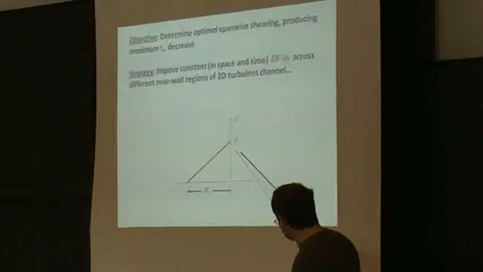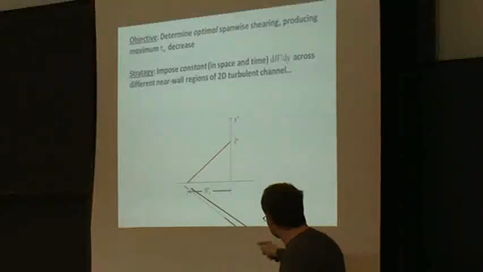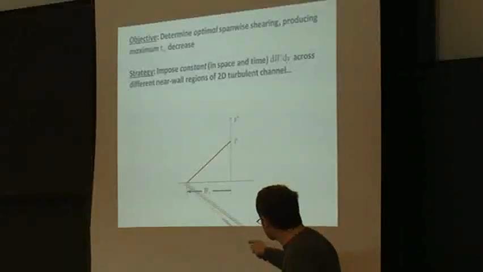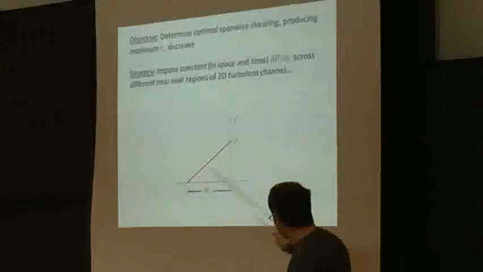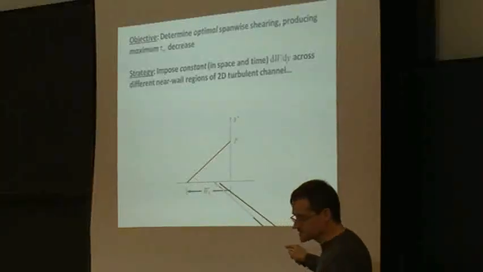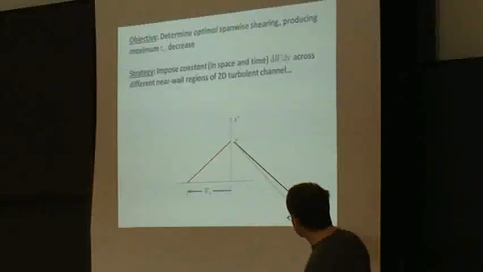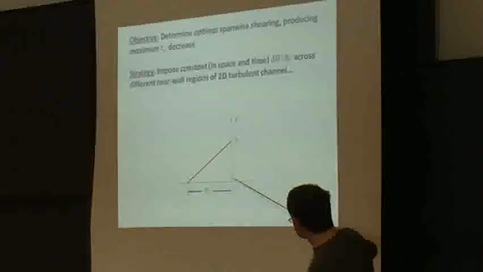So we just, for the initial time of this turbulent channel flow, went in and imposed, pasted on, if you will, a span-wise velocity profile and held it constant in time. And we did this for different depths of the layer.